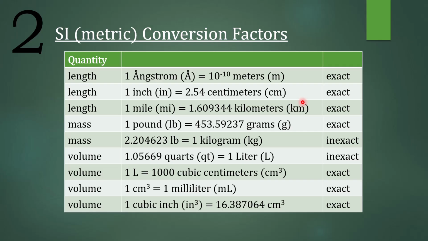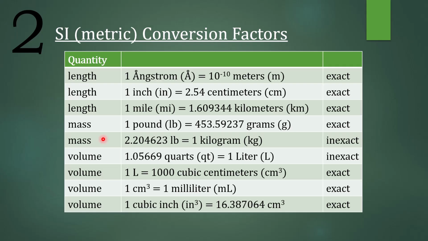By the way, this table is by no means extensive. A quick online search and you will probably find significantly more extensive tables. Pay attention also to the abbreviations that I'm using here: m for meters, cm for centimeters, km for kilometers, mi for miles, or in for inch. I'll be using those types of abbreviations later when we're doing unit conversion.